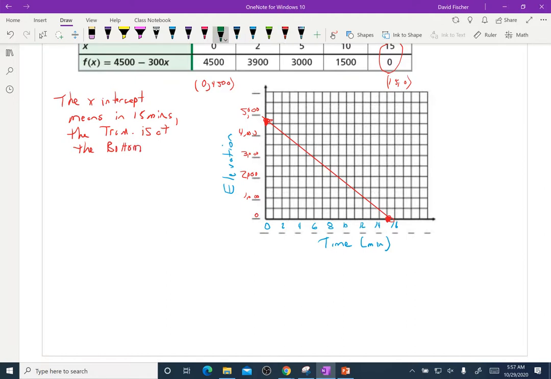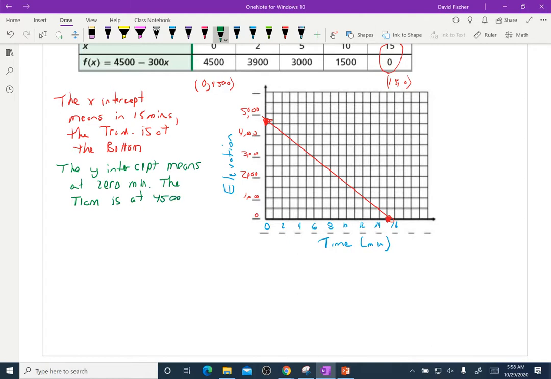Now let's go to the y-intercept. The y-intercept means at 0 minutes, the tram is at 4,500.